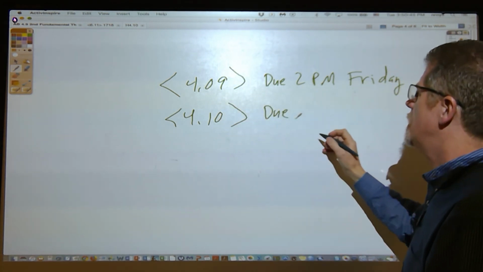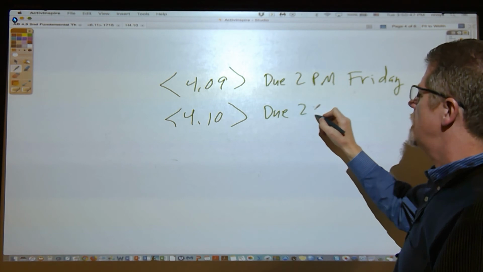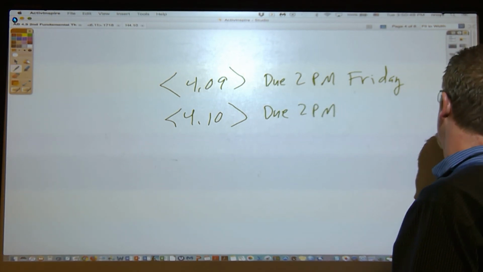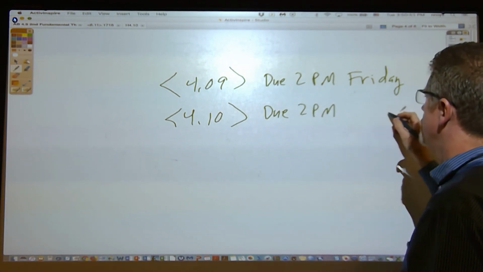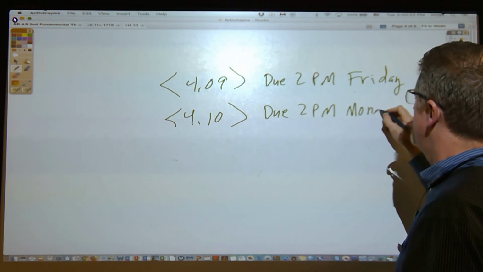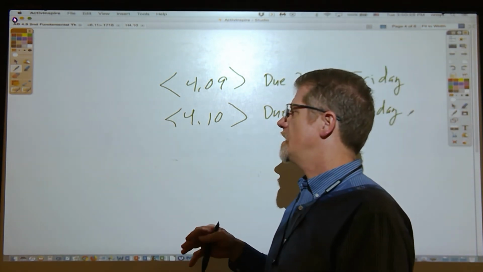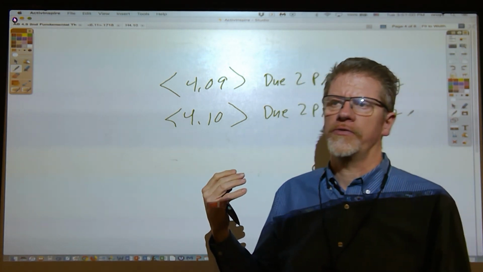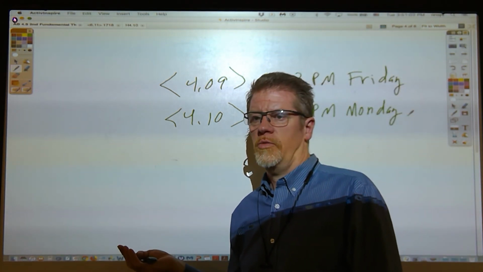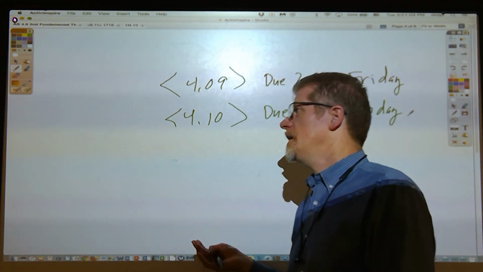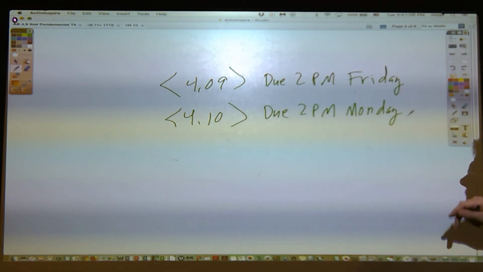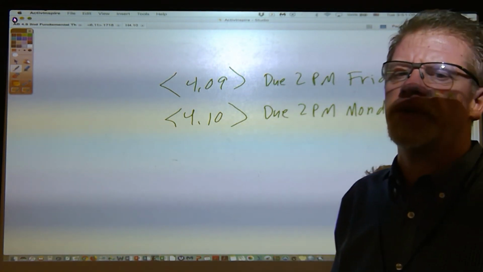I want you to have this one turned in by 2 p.m. on Monday. Now you might be wondering, when is the assignment that we learn on Friday going to be due? Well, you'll just have to come to class on Friday to find out. But these are the due dates for the 2 assignments on the Fundamental Theorem of Calculus.